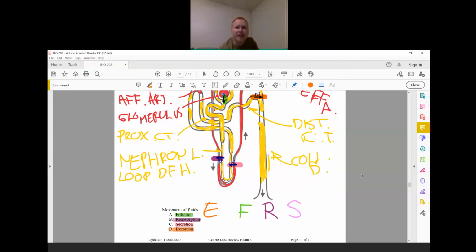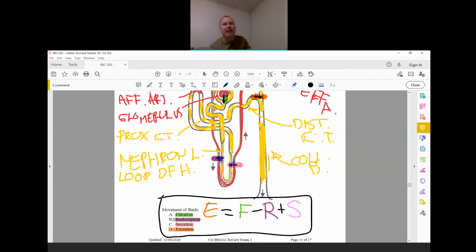If you are mathematically oriented, if you enjoy formulas, you can work it out saying that our excretion is what we get when we add the filtration, and from filtration, remove the reabsorption and then add the secretion. So that would be the formula for what happens in the physiology of the nephron.